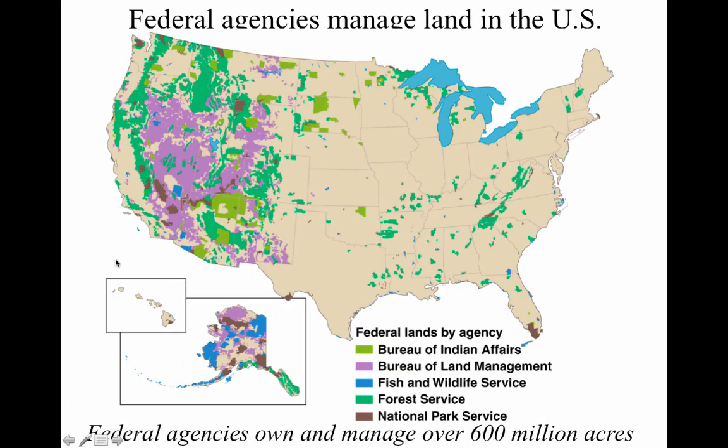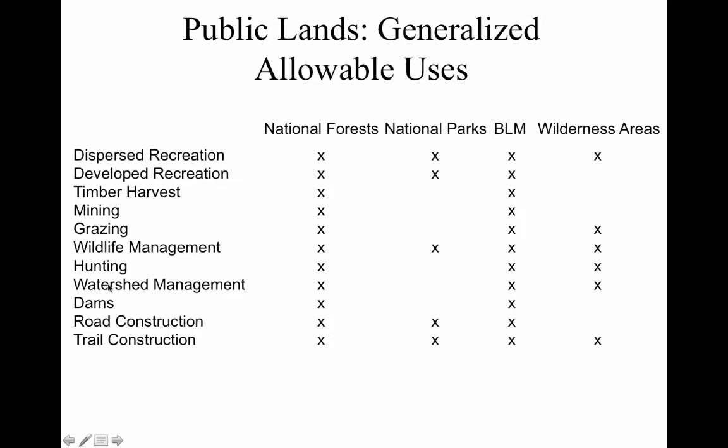Wildlife management, hunting. Sorry, I got some computer issues there. Watershed management, making sure that pollution doesn't happen, but also erosion and things like that. So watersheds are managed on all of these except for the national parks. Road construction and trail construction are generally allowed, except road construction is excluded from wilderness areas.